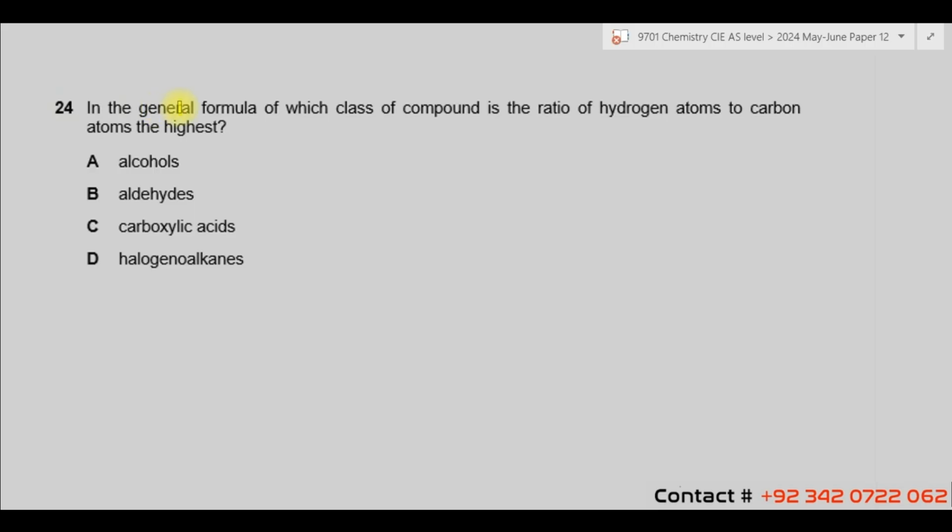Question 24. In the general formula of which class of compound is the ratio of hydrogen atoms to carbon atoms the highest? General formula for alcohols is CnH2n+1OH. So we have more hydrogen atoms as compared to carbon atoms. This is true. Then we have aldehydes. The general formula is CnH2nO.